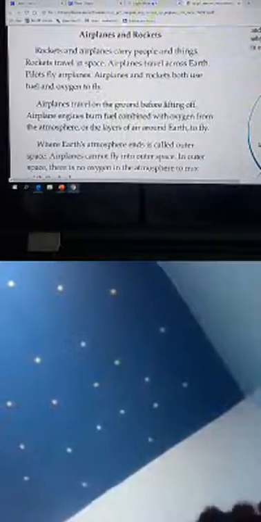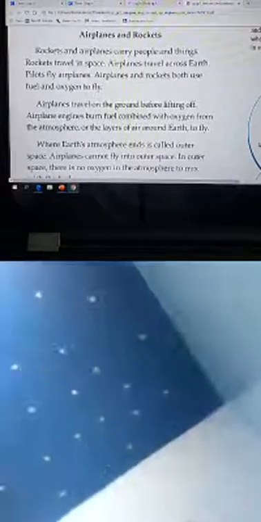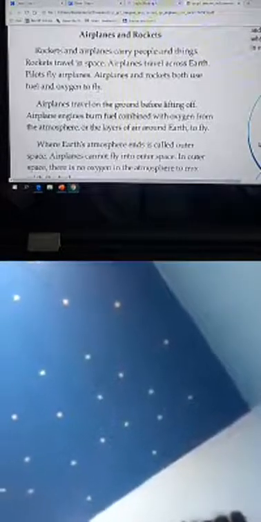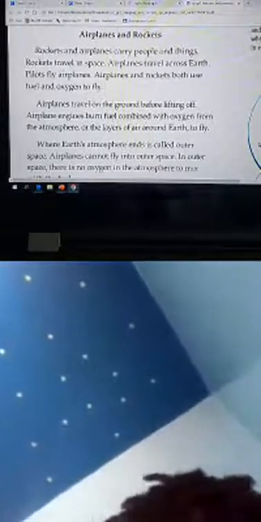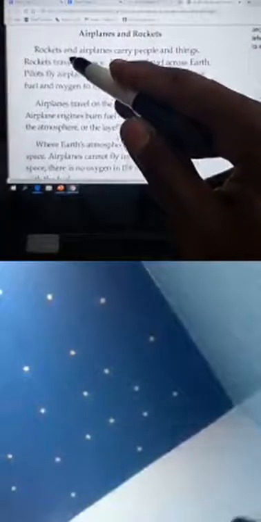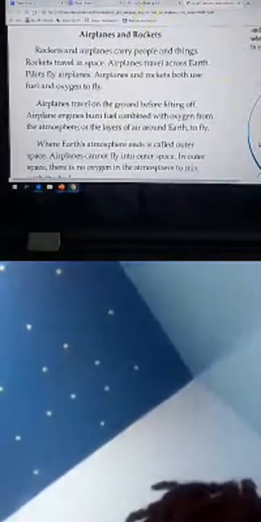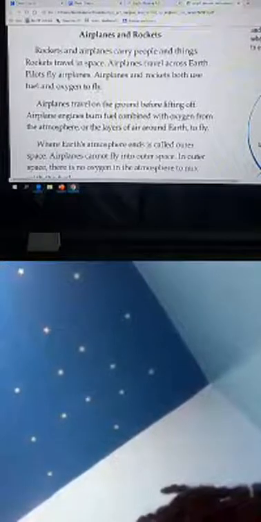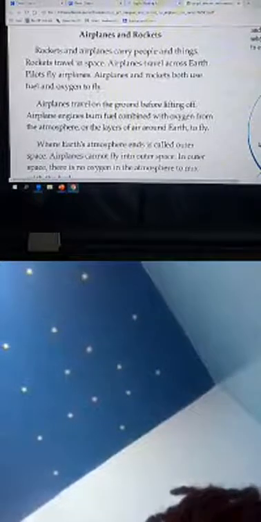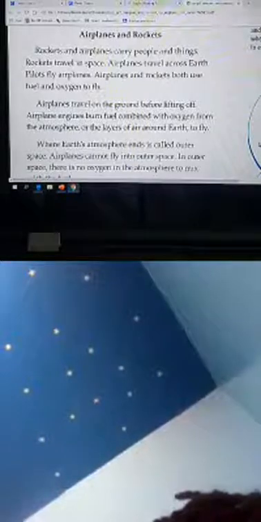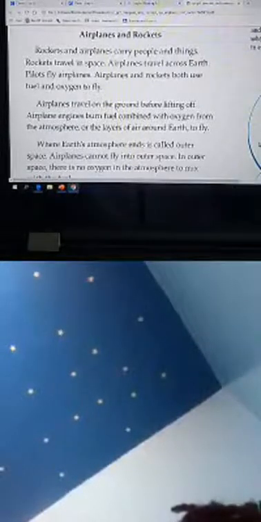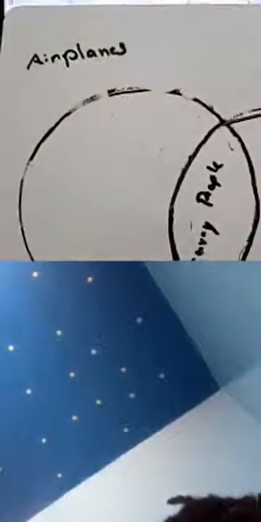When we read, it said rockets and airplanes carry people and things. So in our Venn diagram, because it said "and," we know that's how they compare. So we know we're comparing and contrasting airplanes and rockets.